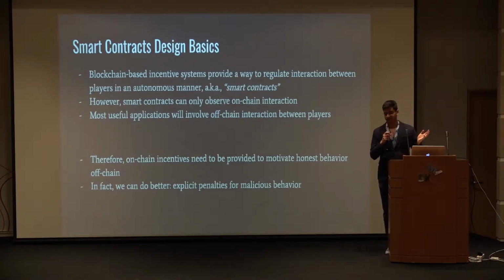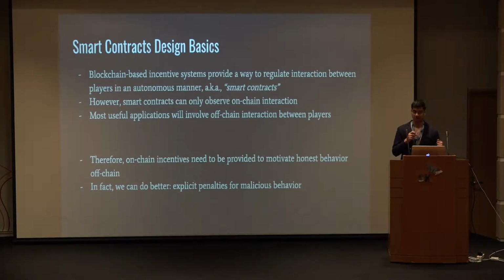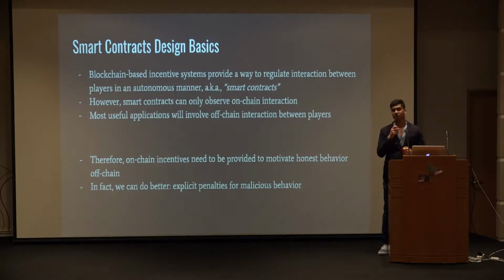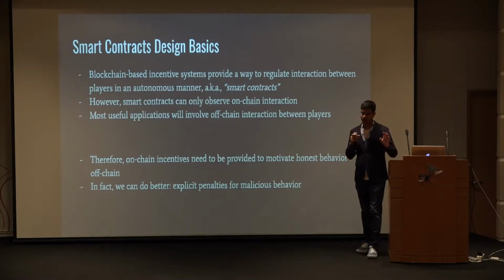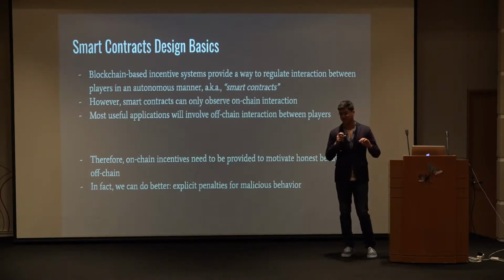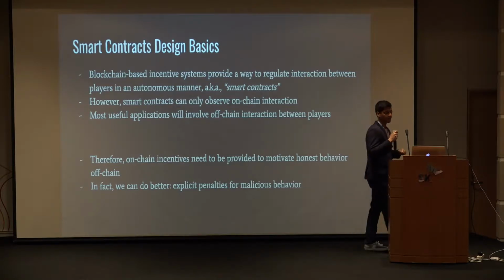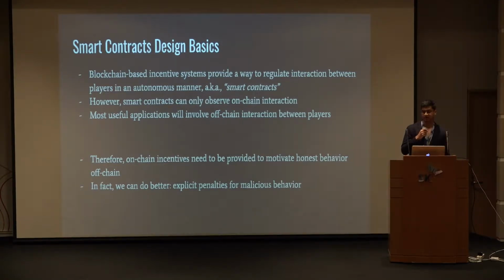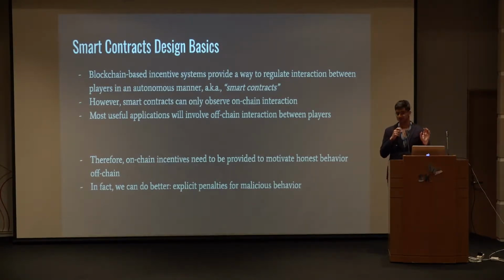So, with blockchains and smart contracts, there is an obvious problem of the smart contract being blind. It doesn't know what's happening in the real world. It doesn't know of any physical interaction. All it knows is the data and facts presented to it on-chain. And therefore, we can only provide incentives based on on-chain behavior.